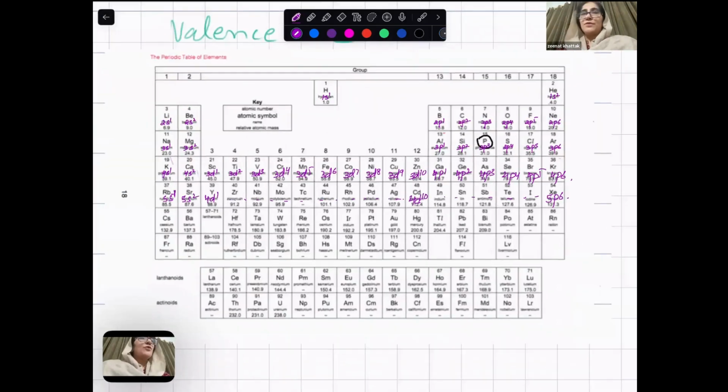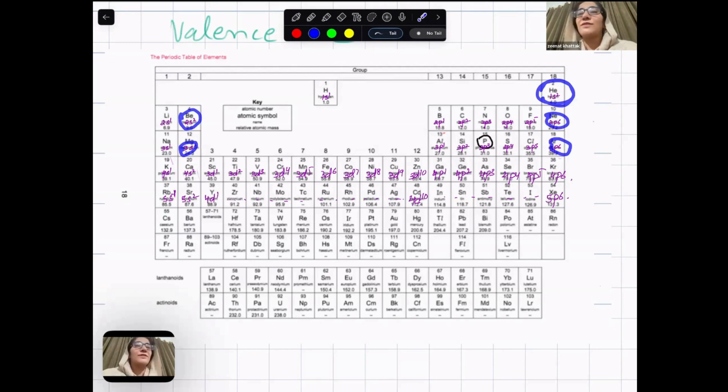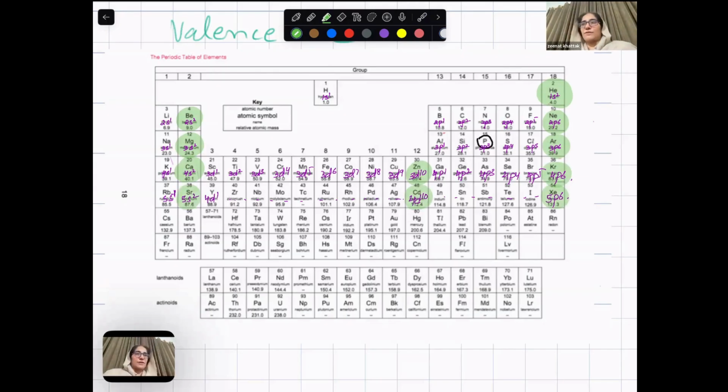You're supposed to erase all the others except the ones which are filled. 1s2, 2s2, 2p6, 3s2, 3p6, 4s2, 3d10, 4p6, 5s2, 4d10, 5p6, right?